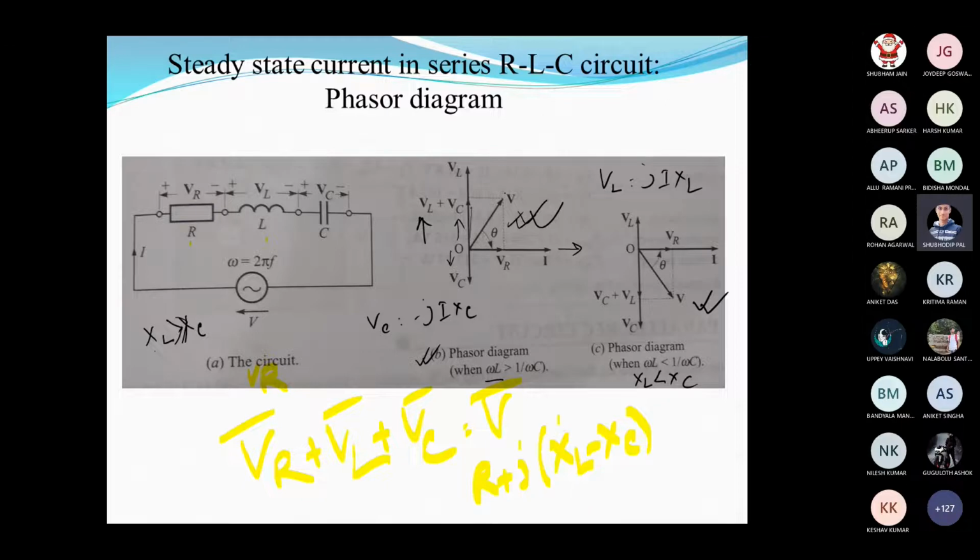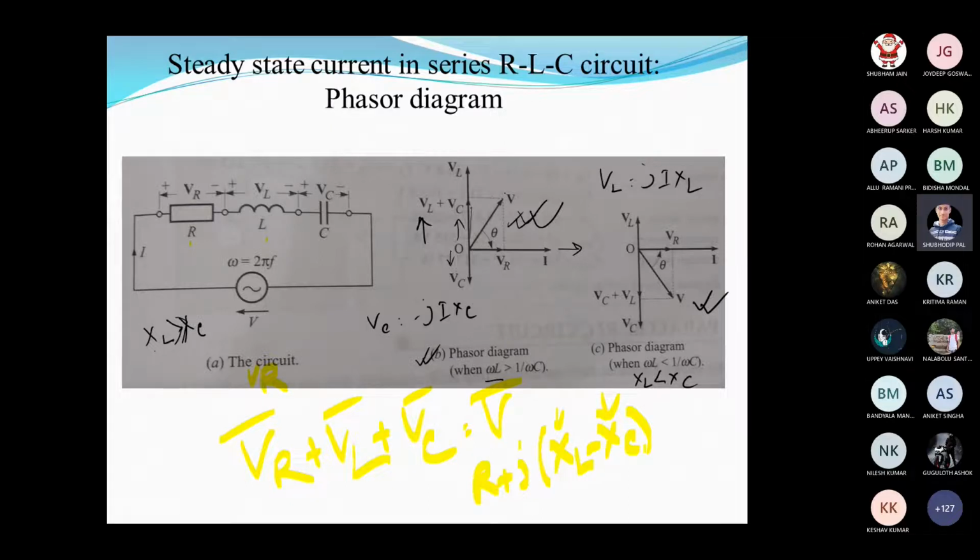Depending on the inductive reactance or capacitive reactance, if the capacitive reactance value is very high, then the total circuit will be capacitive. If the inductive reactance is very high compared to the capacitive reactance, then the circuit will be inductive.